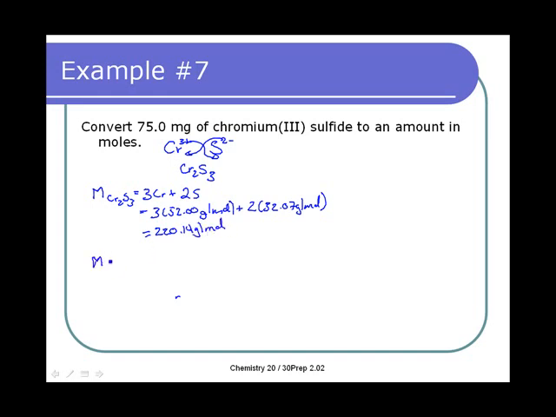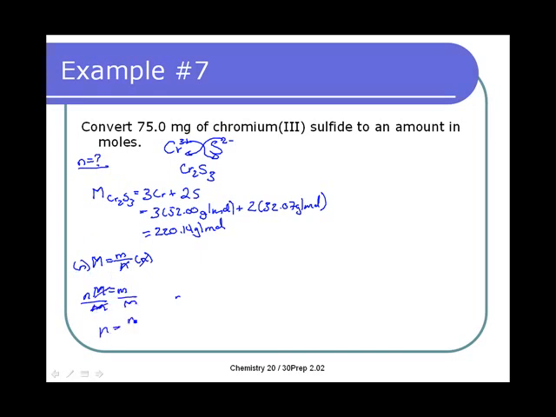We'll haul out our molar mass formula. We are looking for moles, so we're trying to find n. We're going to multiply both sides by n. It cancels on this side. We get n times M is equal to mass. And divide both sides by molar mass.